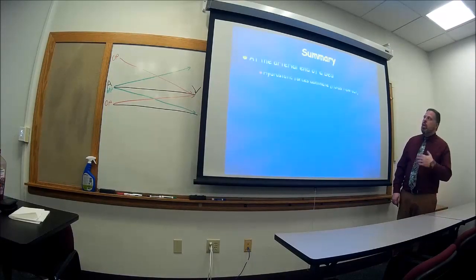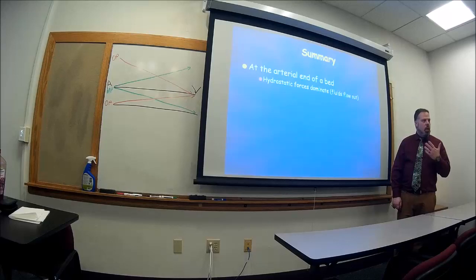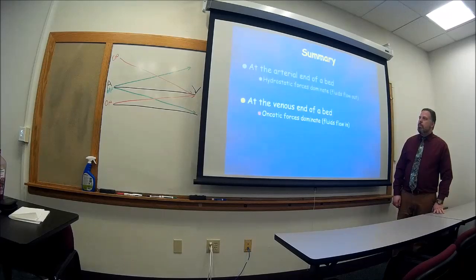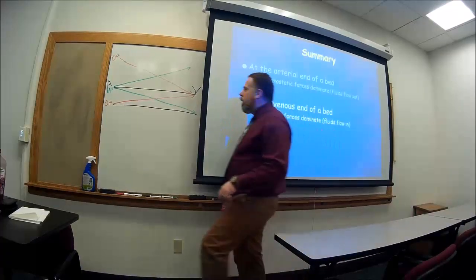So in summary, at the arterial end of the bed, hydrostatic forces dominate, right? The hydrostatic force, the blood pressure itself. And at the venous end, when we deal with the capillary, it's going to be high over here.